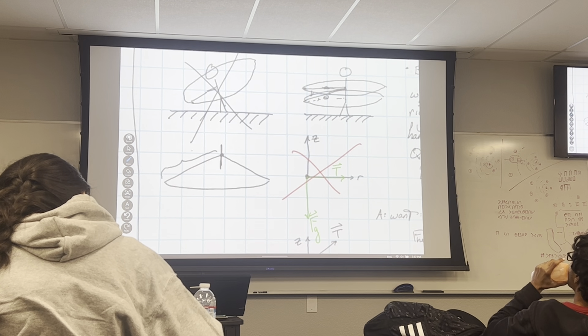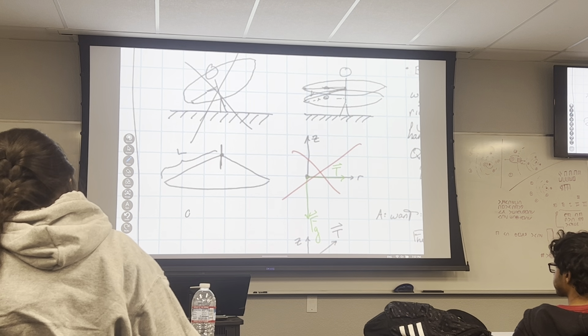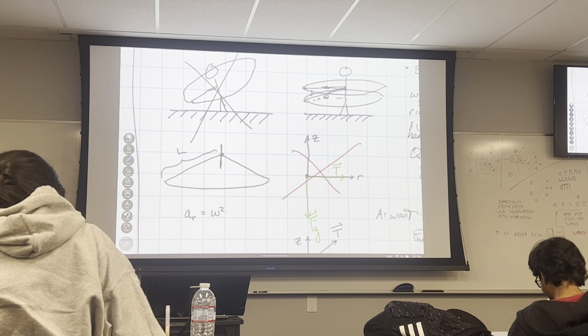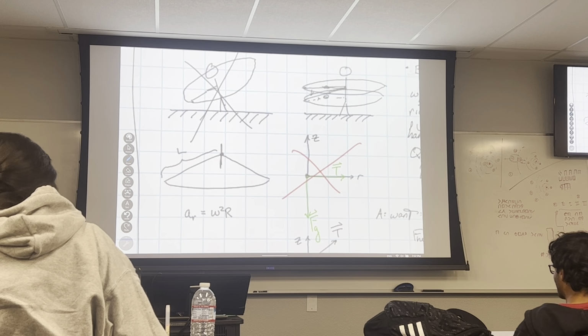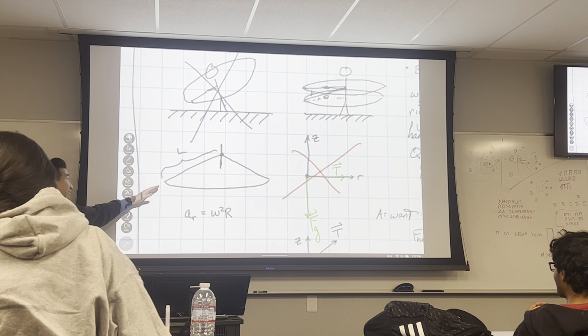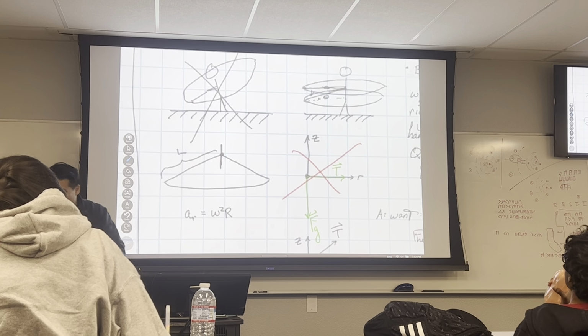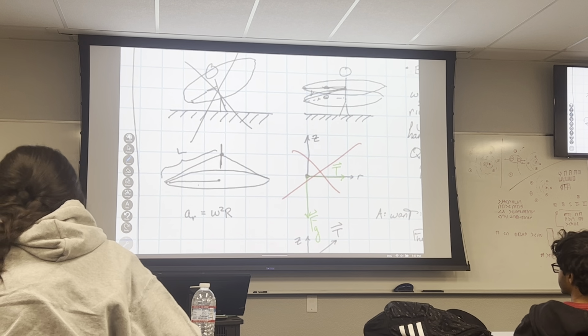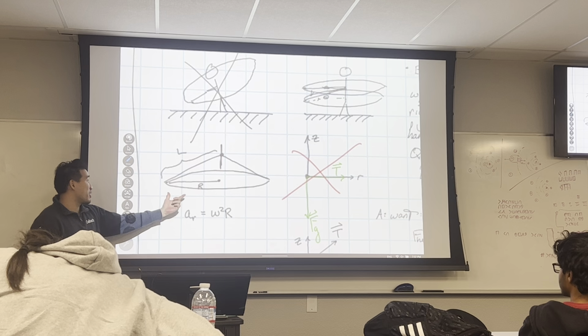This is L. Acceleration in the radial direction is omega squared times the radius of your circular motion, not the hypotenuse of that cone. This is the radius of our circular motion.